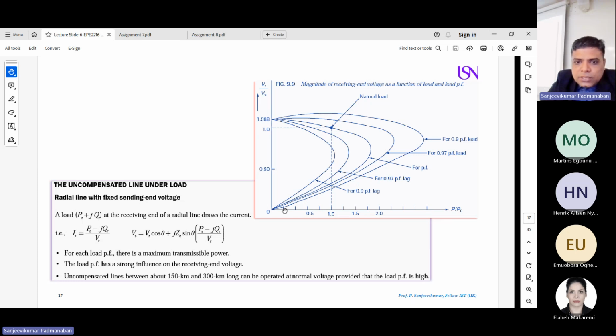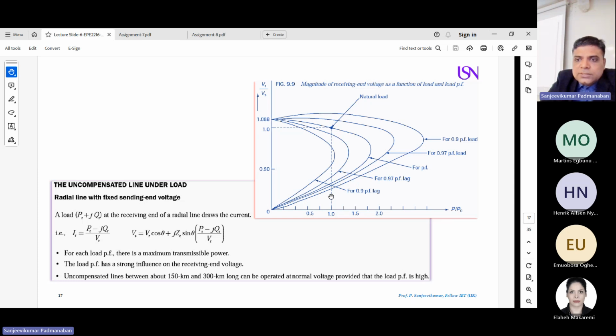In all the cases, if you keep on increasing your P by P naught ratio, at the end, reaching beyond the maximum value or natural load, it's 100%. Again, all the values come back to 1.088. The ratio between receiving and sending end voltage, as you keep on increasing your P by P naught, always returns back to 1.088.